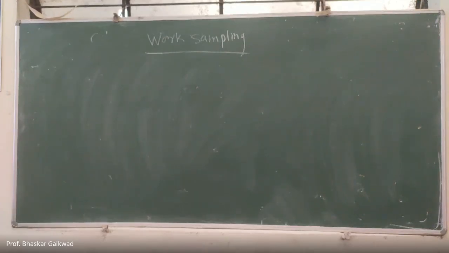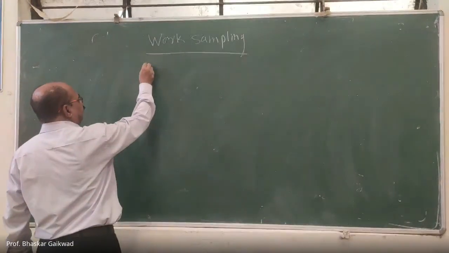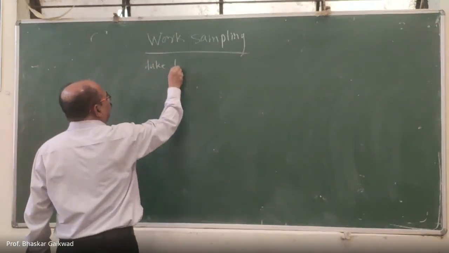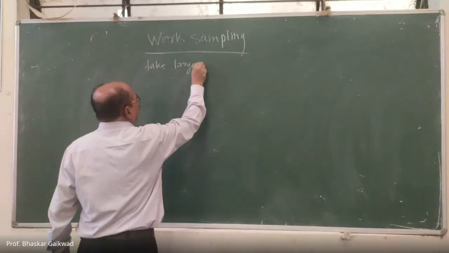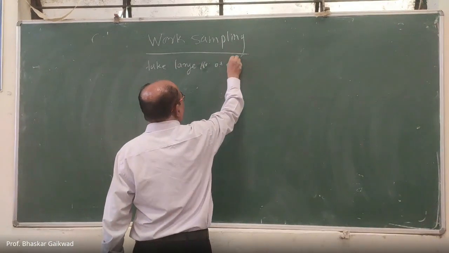Work sampling is the technique in which a large number of observations are taken, in which whether the machine or man is working or not working is studied. So a large number of observations are taken.